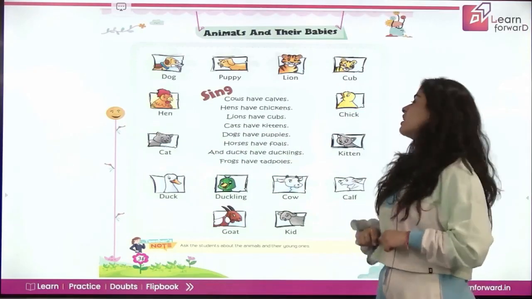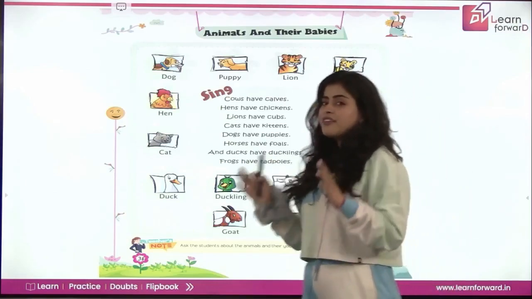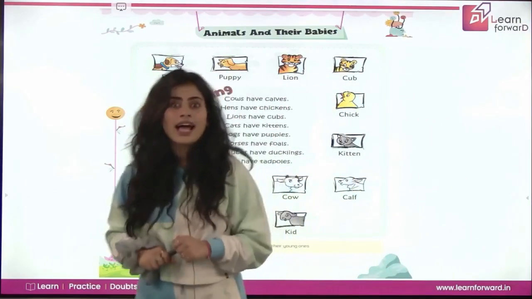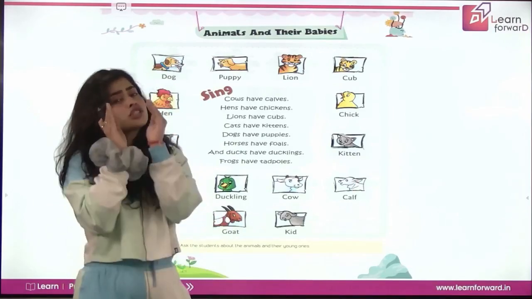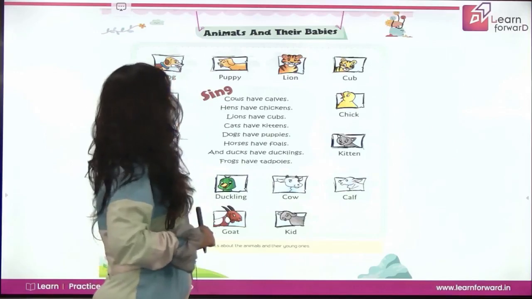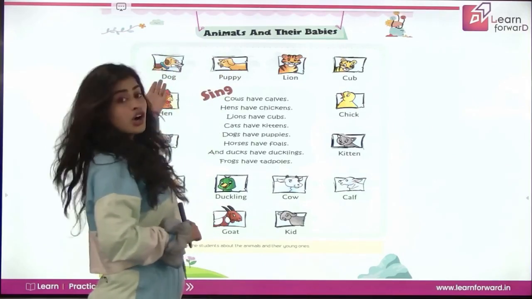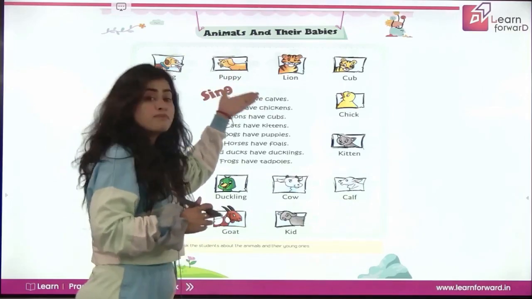Okay. Now next is dogs. I know everyone loves dogs and their puppies. Puppies are dogs' small babies. It's a dog and the dog's baby is called a puppy.